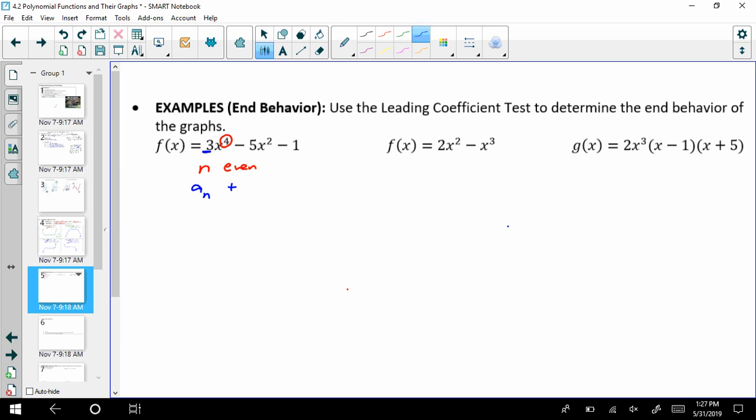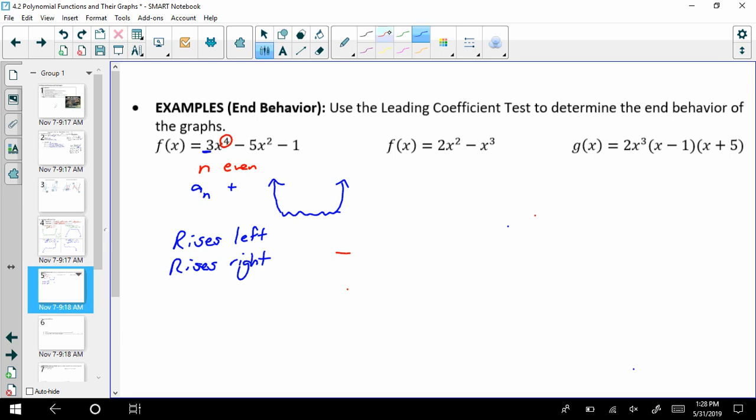They're going the same way, and since it's positive, it's going to open up. So I know they're going to do this. I don't know about the middle, but I know the ends are doing that. So how we would answer this, we would say it rises left and it rises right. Both sides are rising or going up.